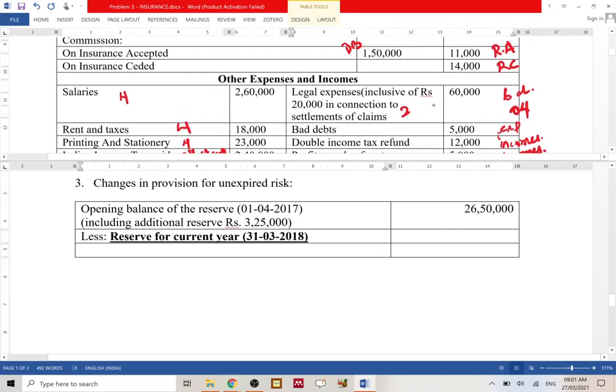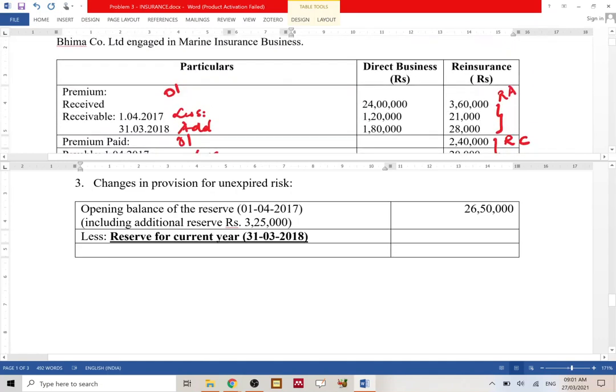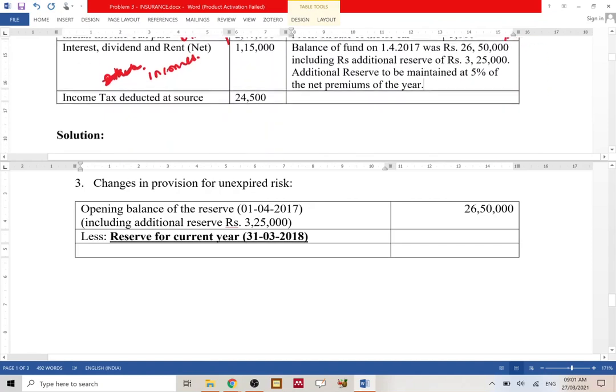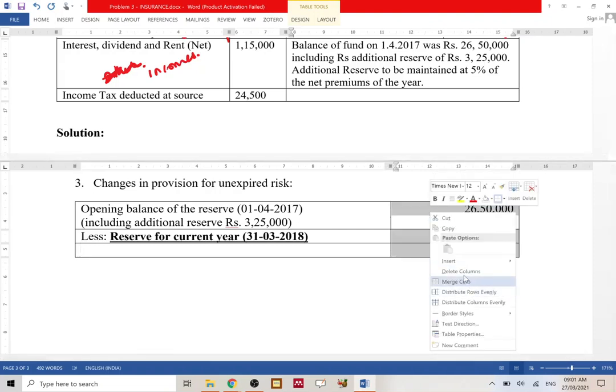So what are they doing in this problem? They are not giving you the percentage of the actual reserve, but additional reserve is given and it is 5% of the net premiums that we have calculated. We'll come to the additional later, but for now under this reserve for current year, we are supposed to calculate what is the actual reserve.